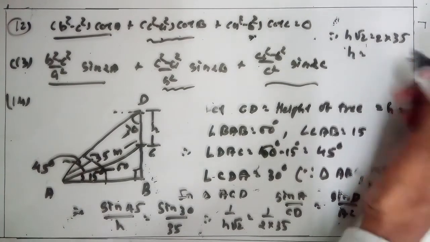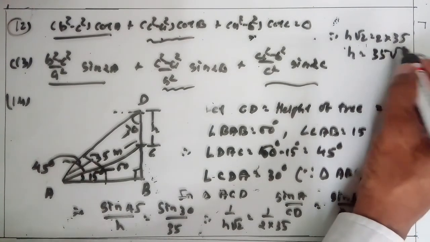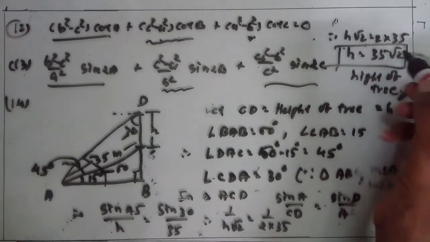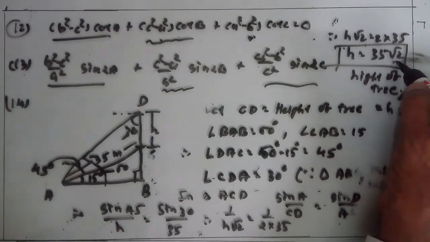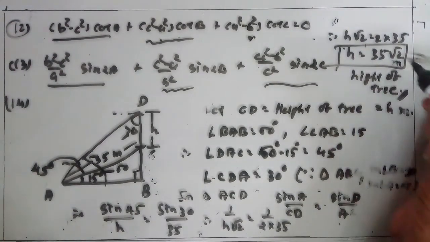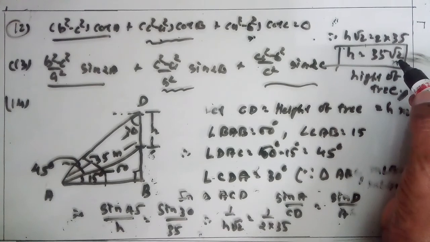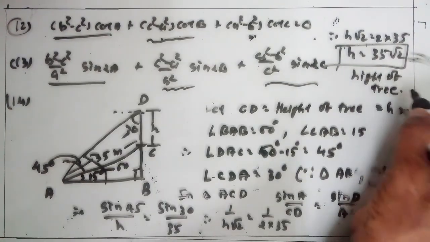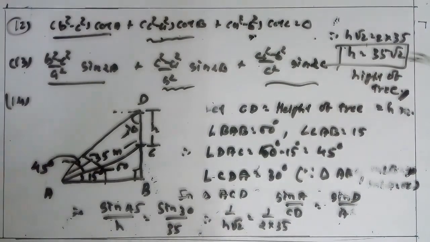That means 35 root 2. h is equal to 35 root 2 meters, the height of the tree. Unit is important, remember this. So easy question. Think how to solve this type of question.